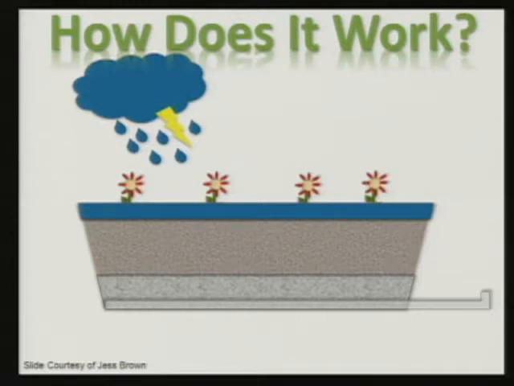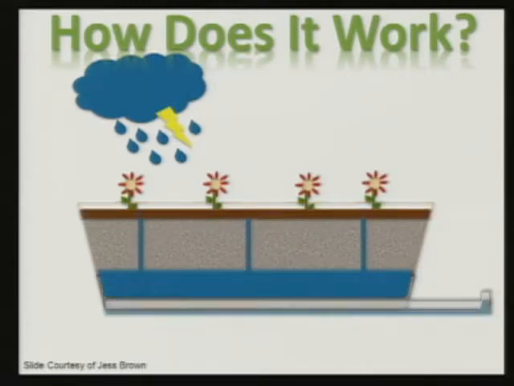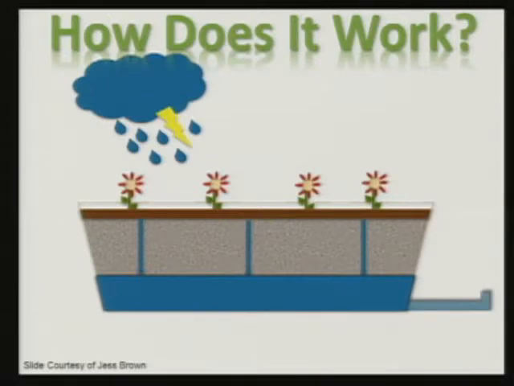In 12 hours or less, because we don't want mosquito growth, that water will infiltrate down into the bottom portion of the bowl of the bioretention cell. At this time, some of the water will leave the sides of the bioretention cell. And that's why it's very important that these bioretention areas be installed in a landscape that has well-drained soils.